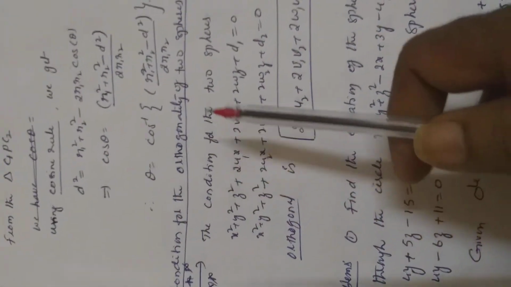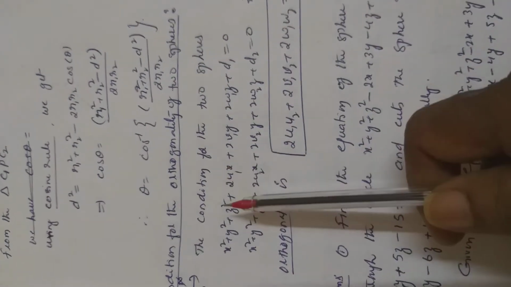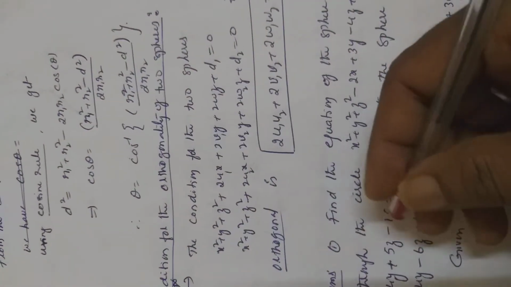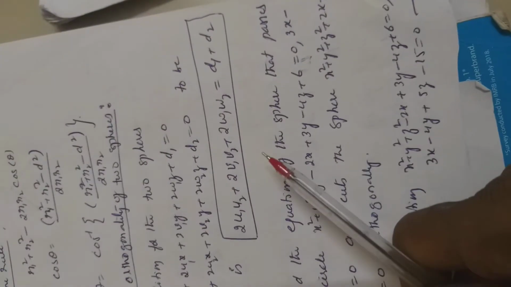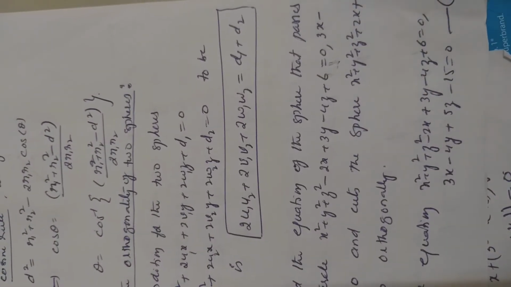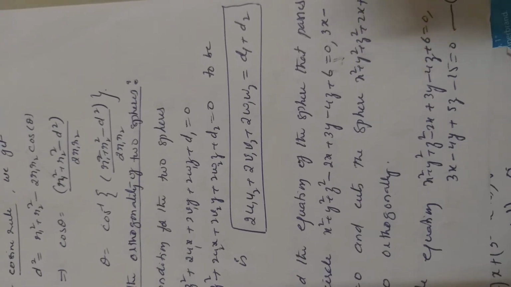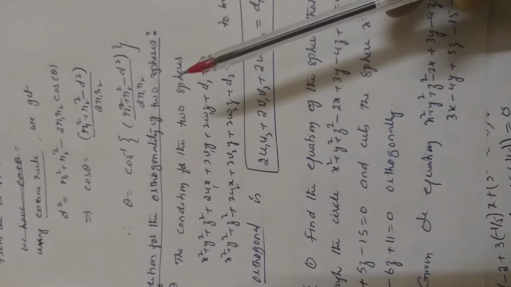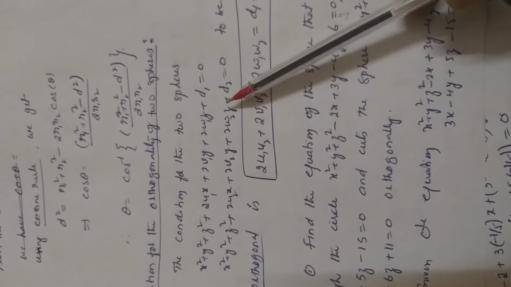Now, condition for orthogonality of two spheres. The two spheres are said to be orthogonal to each other if this condition is satisfied: 2u1u2 plus 2v1v2 plus 2w1w2 is equal to d1 plus d2. This is the first sphere, this is the second sphere.